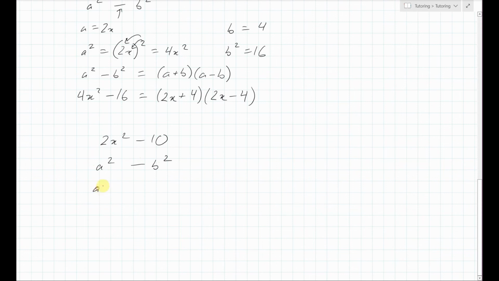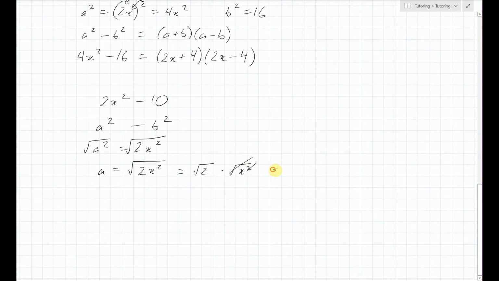So we know that a squared equals 2x squared. If we square root both sides, then we'll see that a equals the square root of 2x squared. Now this is the same thing as square root 2 times square root x squared. And the square root and square cancel, so this just equals x square root 2.